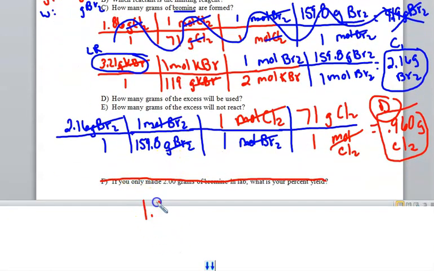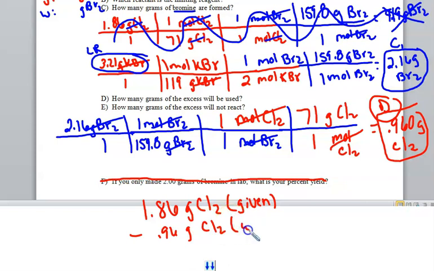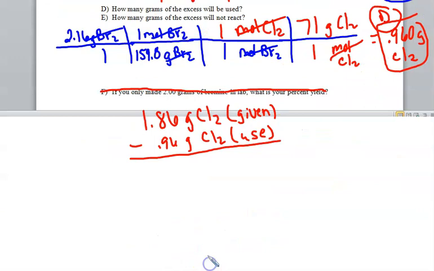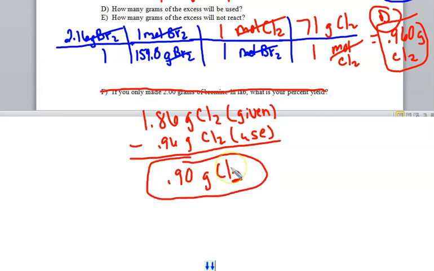So I have 1.86 grams of chlorine in the beginning. That's my start. That's my given. And I'm going to use 0.96 grams of chlorine. And so how much extra am I going to have? Notice the labeling. The labeling keeps you straight. So you got 0.9 grams of chlorine. You should not be subtracting things with different labels. That's going to help you keep your labels straight.